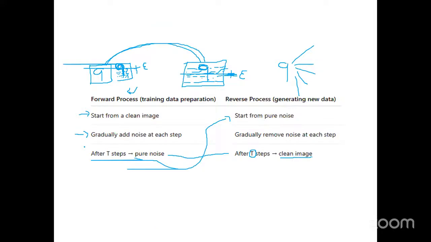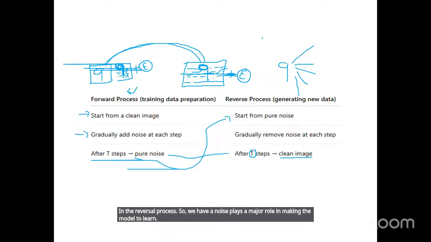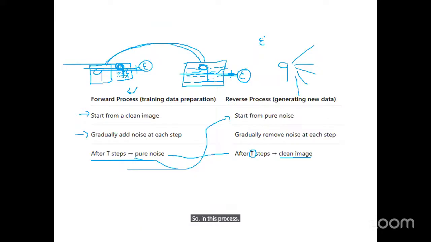Okay. Now, what is the difference between the noise here and the noise here in the reversal process? Noise plays a major role in making the model learn. So in this process, the epsilon, what is its role in the forward pass and what is its role in the backward pass?